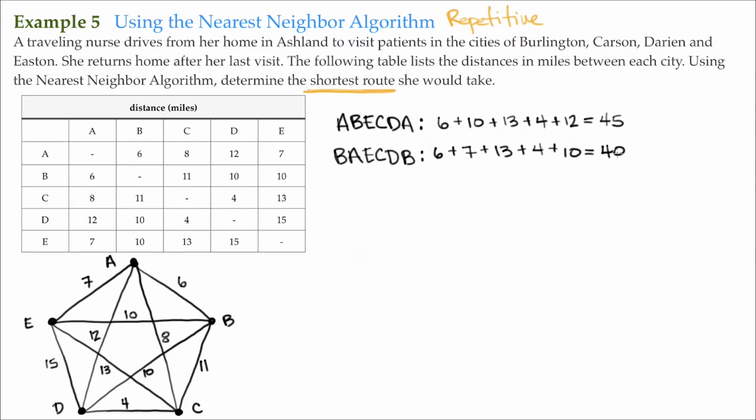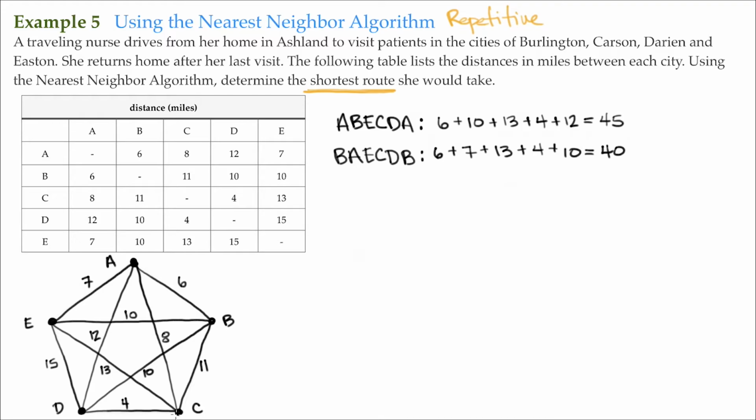And there's 40 miles. So we shaved off 5 miles. So it's going from B to A to E to C to D back to B. Well, that's the same as going A to E to C to D to B back to A. So we can start to determine the shortest route from any vertex, but then eventually she would start at her vertex using that route. So let's try C.